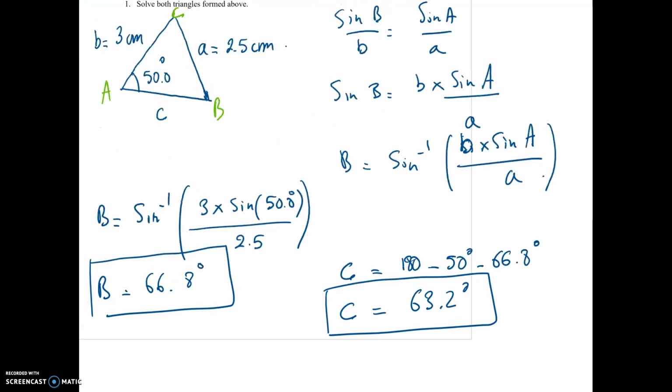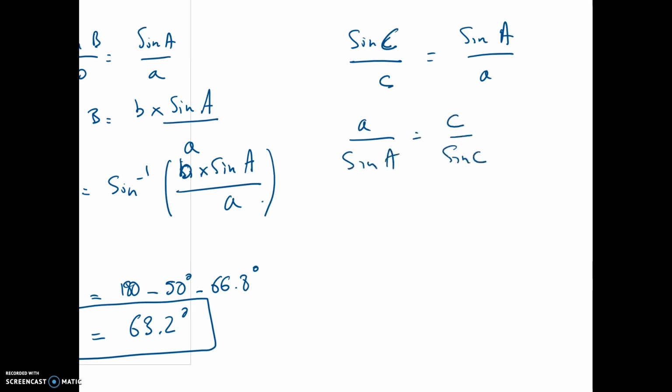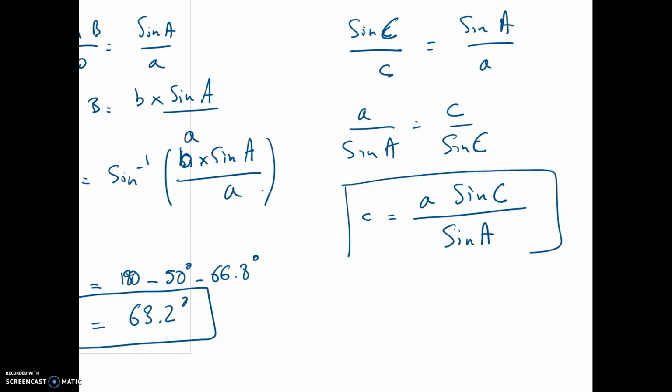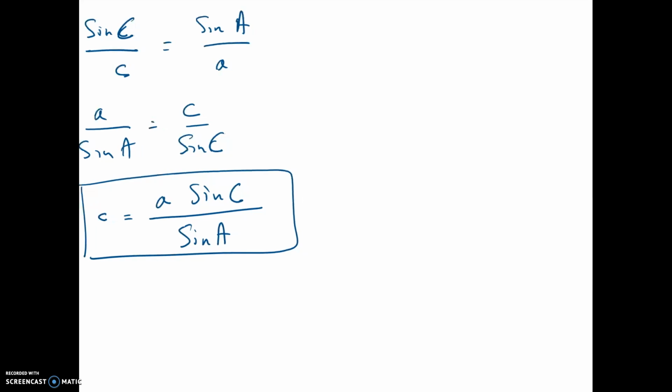Now, if I want to calculate the side c, I'm going to use my law of sines. Sine of the angle C over c equals sine of the angle A over a, which is exactly the same thing as a over sine A equals c over sine C. Therefore, c, the length of the side you are looking for, is equal to a multiplied by sine C divided by sine of the angle A. When you substitute the different values you have, you are supposed to have a value of c.